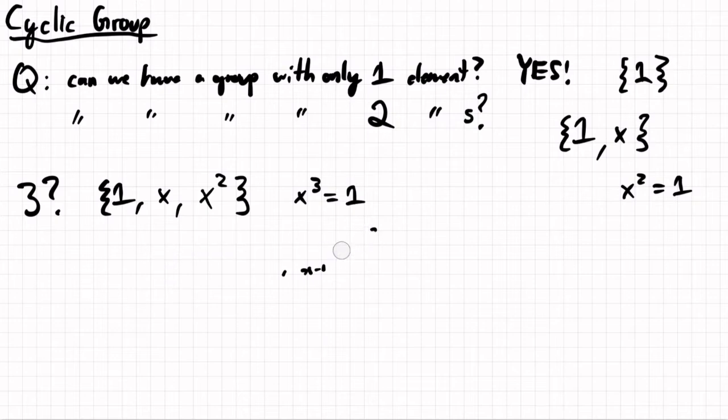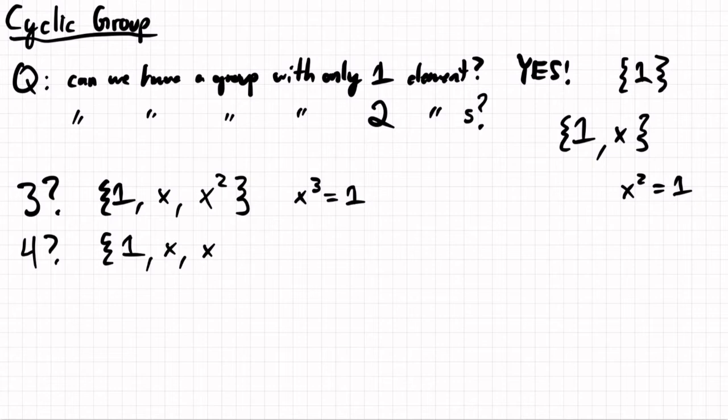And maybe I'll erase this math here, but you can do the same thing over and over again. If I want a group with 4 elements, I just take the group with 1 element, meaning I have the identity.